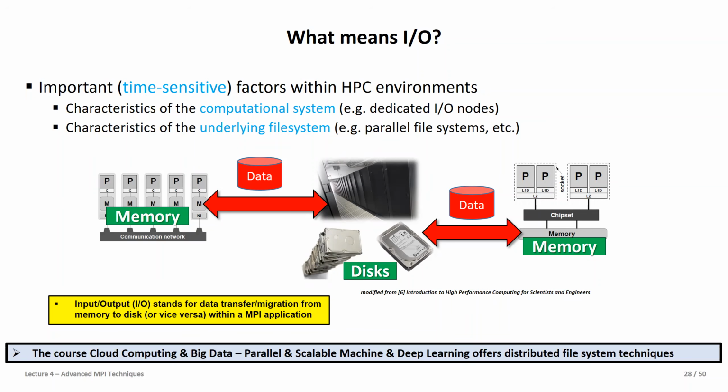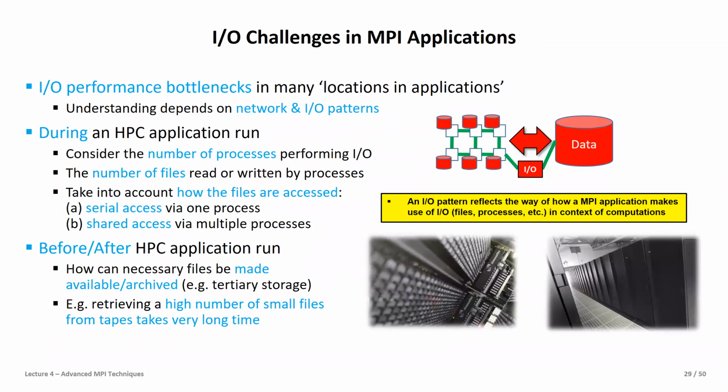And then automatically to the underlying distributed file system issues, which we also partly cover in the cloud computing big data course, if you're interested. But otherwise, here we will go into certain elements of this in much more detail.